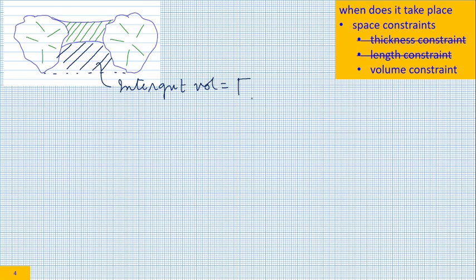That we will designate as, if this intergrid volume is less than the chip volume, then your chance of wheel loading would be more.